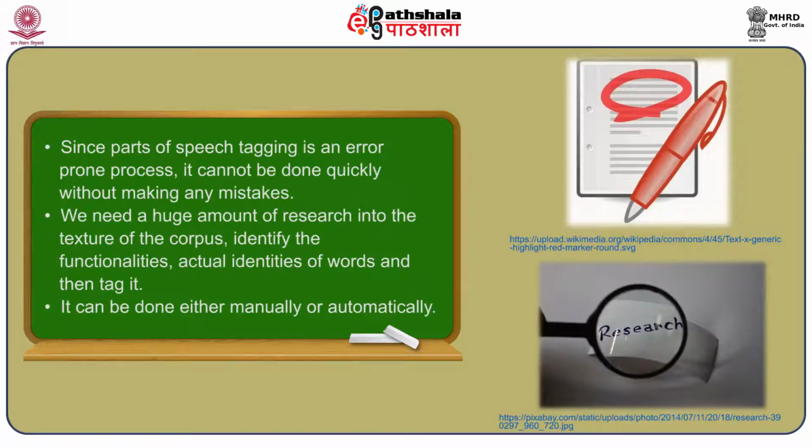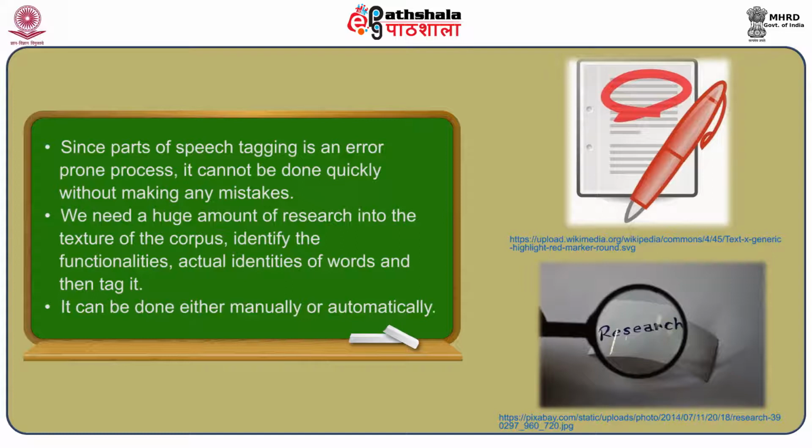Since parts of speech tagging is an error-prone process, it cannot be done quickly without making any mistakes. We need a huge amount of research into the texture of a corpus, to identify the functionalities and actual identities of words. This has been a challenging task for decades among scholars all across the globe, to identify exactly the parts of speech of words and assign them.